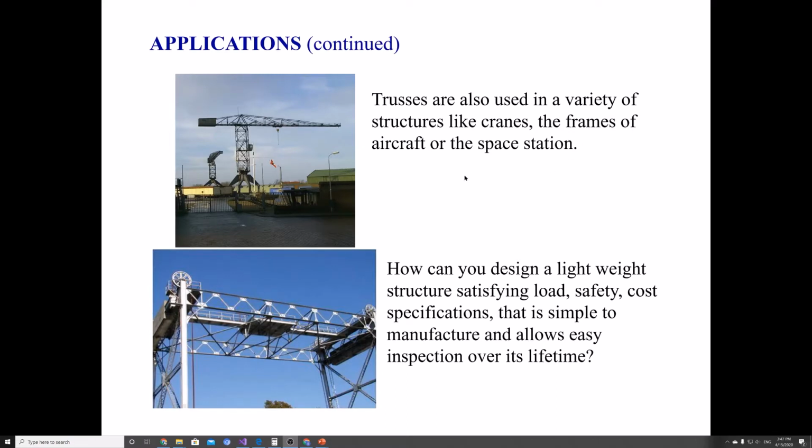So trusses, you see them in a lot of different places: bridges, cranes, support structures. Here's another crane. And trusses have an inherent advantage over just a standard beam or I-beam. You get strength while reducing the weight, right?